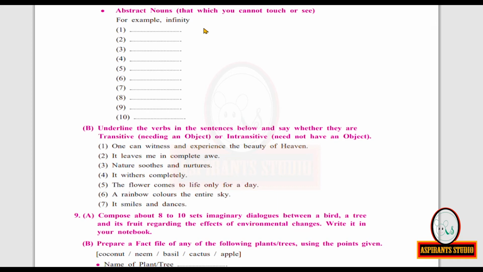Then write imagination, joy, significance, experience, difference, awe, A-W-E, conviction, C-O-N-V-I-C-T-I-O-N, perseverance, P-E-R-S-E-V-E-R-A-N-C-E, passion.